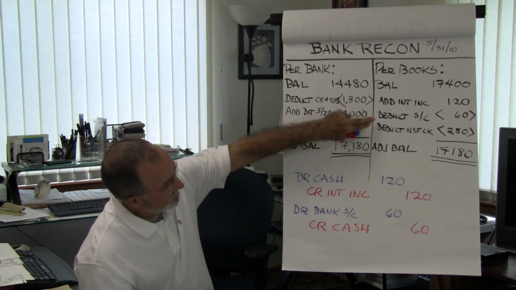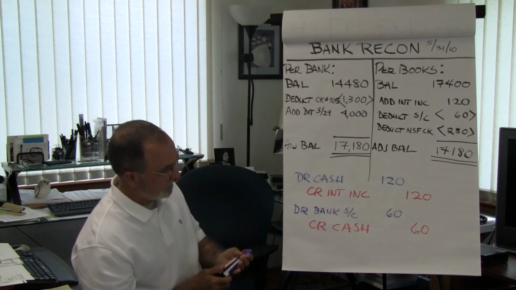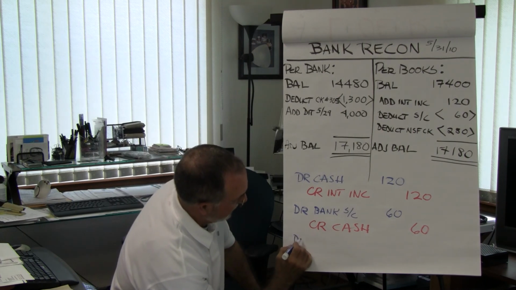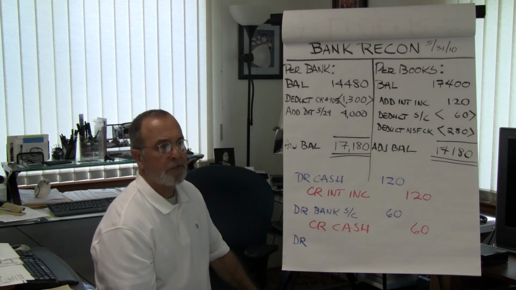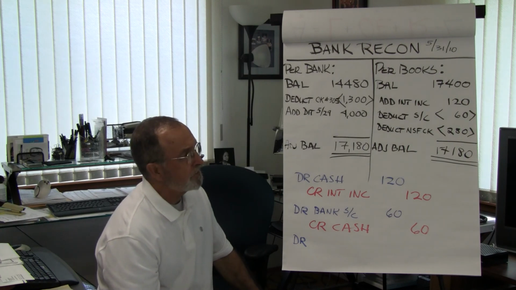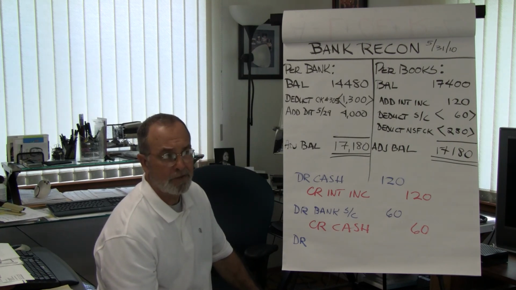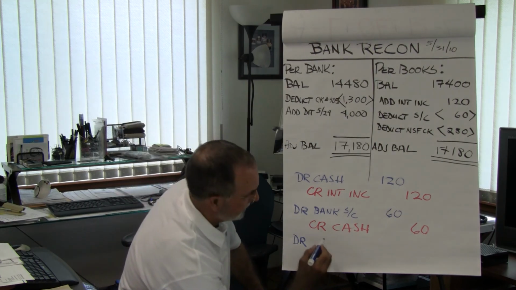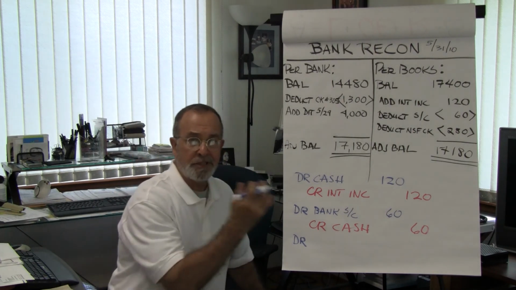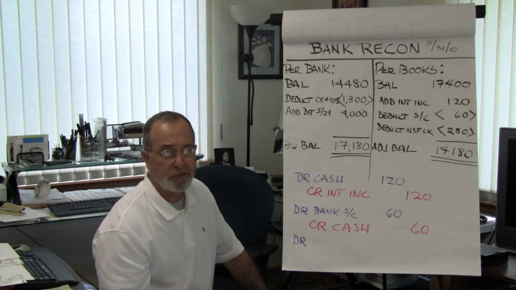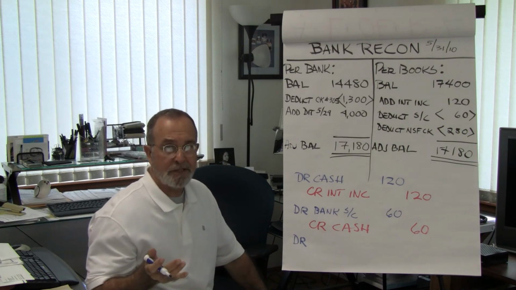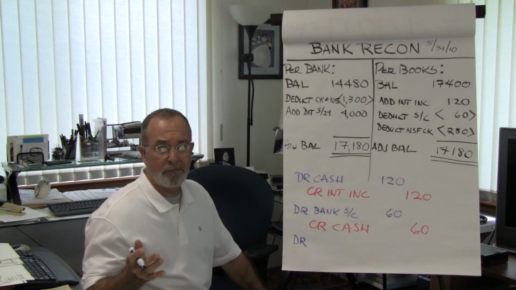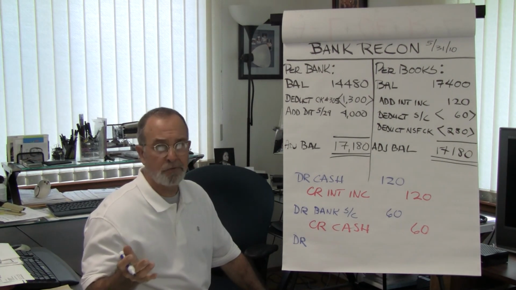And finally, for this NSF check of $280, our debit, now this is probably, of the three adjustments, the hardest one for most students to figure out. What account do we debit for that $280? Well, since we had received that amount probably from one of our customers at an earlier date and deposited it into our bank account, now we find that that check was a bad check, and so we have it back.